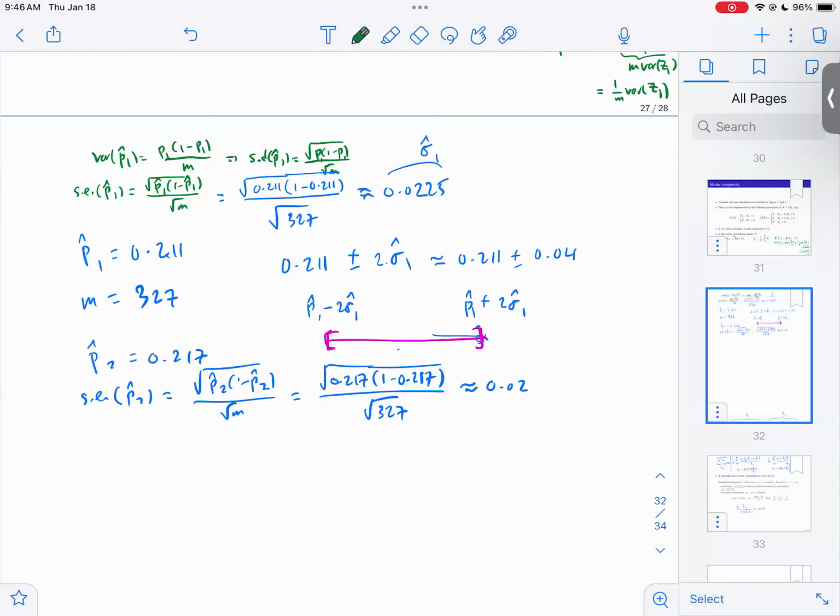So this is for P hat 1, this is for P hat 2. P hat 2 is slightly above because the center is above, but sigma hat 2, P hat 2. So there's really not much confidence that they're different. We can't tell.